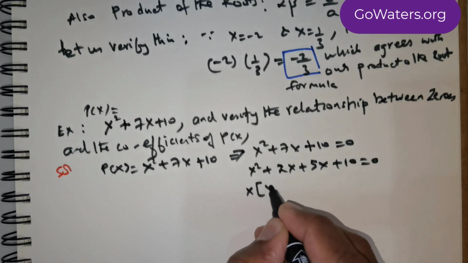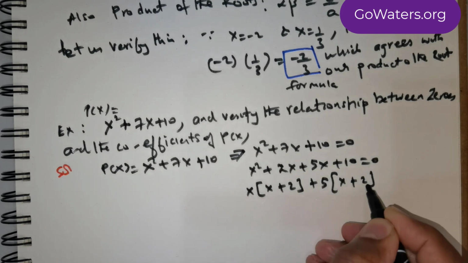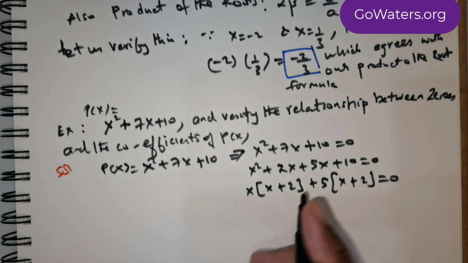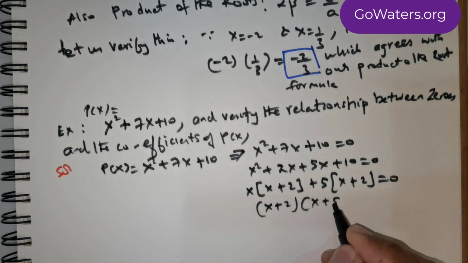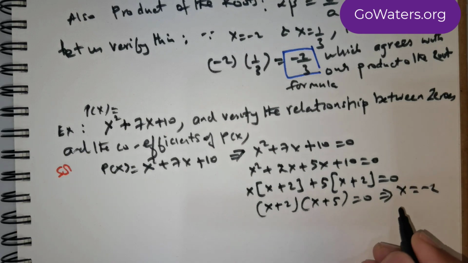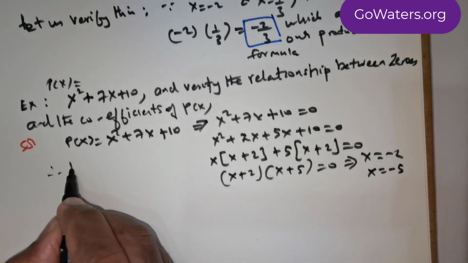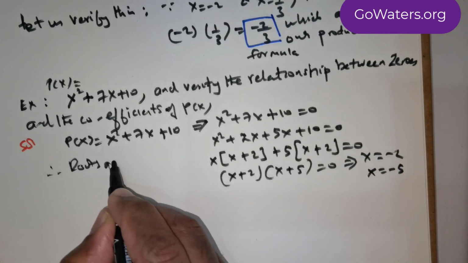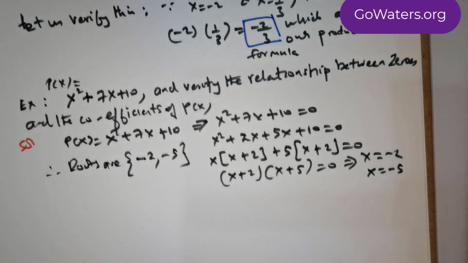So I take x out, x plus 2, I take 5 out, this is x plus 2. You need to get the same factors. So this is going to be x plus 2 times x plus 5 is equal to 0. This means x is equal to negative 2 and x is equal to negative 5. Therefore the roots are negative 2 comma negative 5.